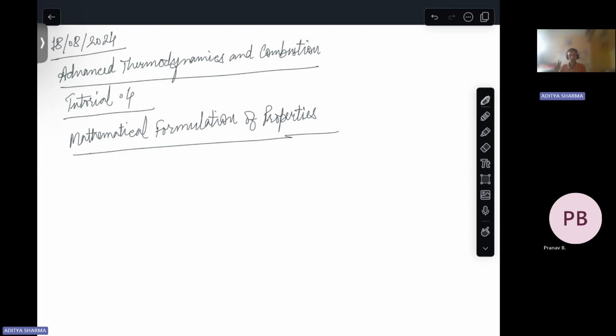And then two important diagrams have been introduced. One is your PV diagram, and then another is your PT diagram, right? In terms of phase change, right? And for these two diagrams, water, H2O, has been taken as a fluid for discussion.